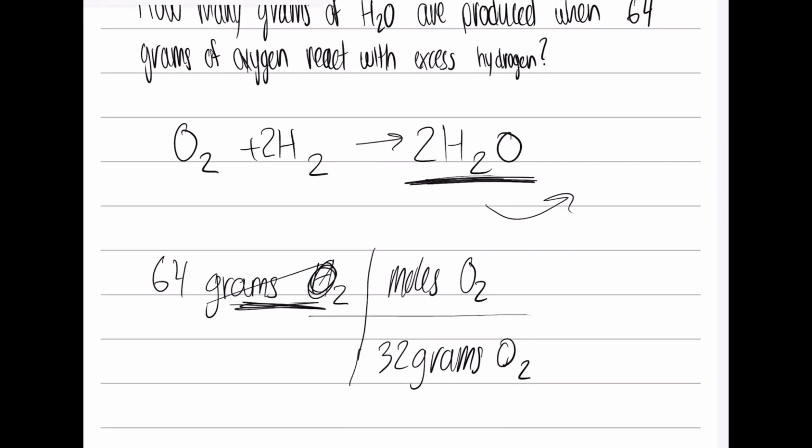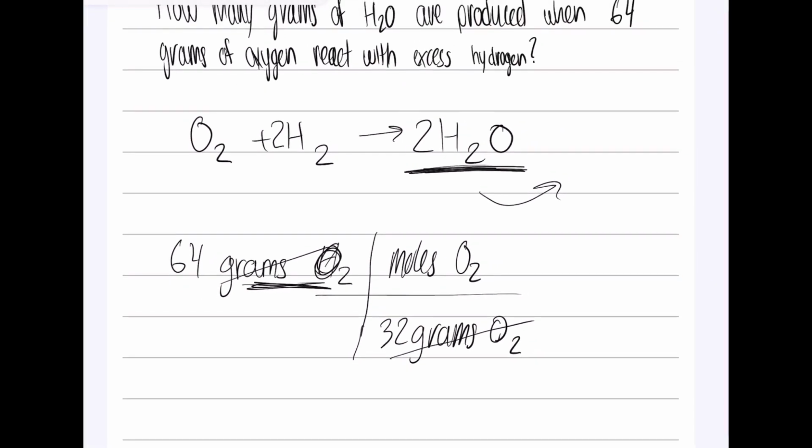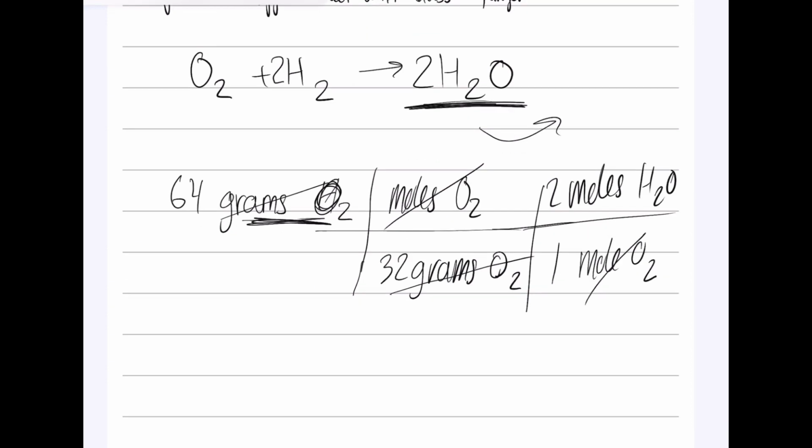So this cancels out, right? If you solve this really quickly, it'll just be 2. So we have 2 moles of O2. And then how many moles of H2O will that make? Well, you can again cancel it out. 1 mole of O2 will make 2 moles of H2O.